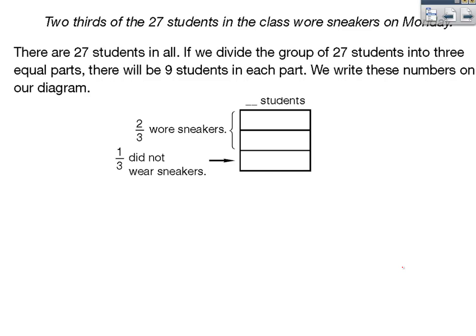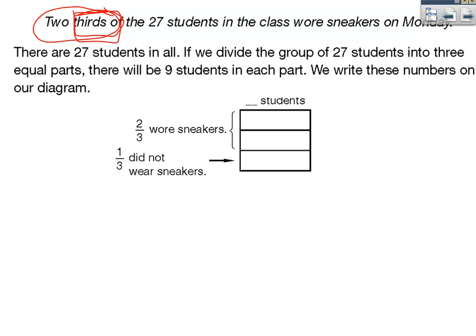So we know that there's 27 students in all, so we can divide the group of 27 students into 3 equal parts. Why would we do 3 equal parts? Well, the reason why is because it says 2/3 right here. Key in on this thirds right here. So if we take 27 and divide it by 3, there will be 9 students in each part.